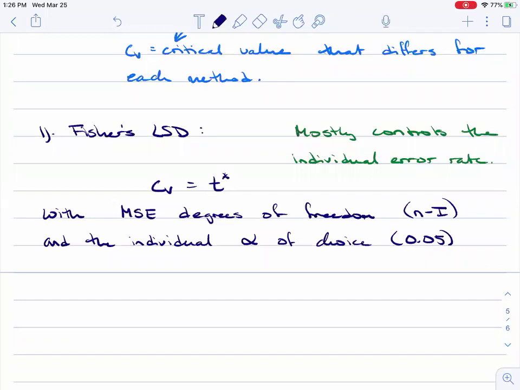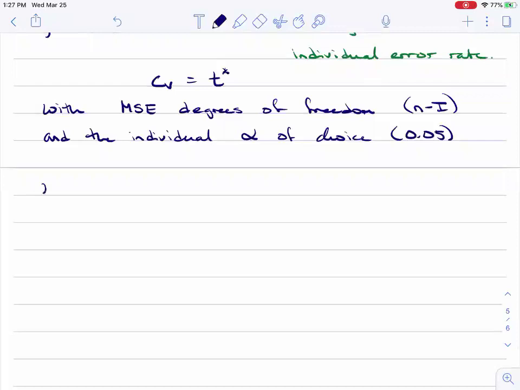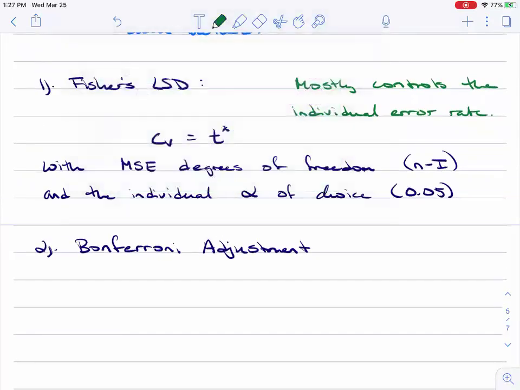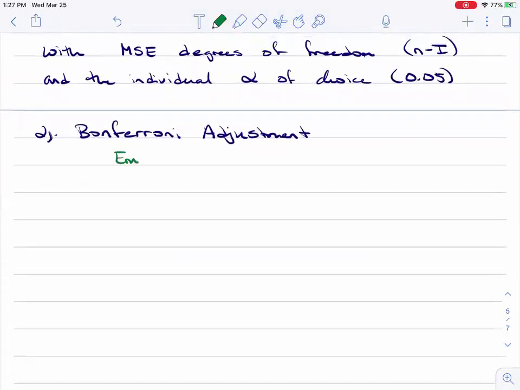Okay. So the second method is the Bonferroni adjustment. This one has an emphasis on controlling the family-wise error rate.